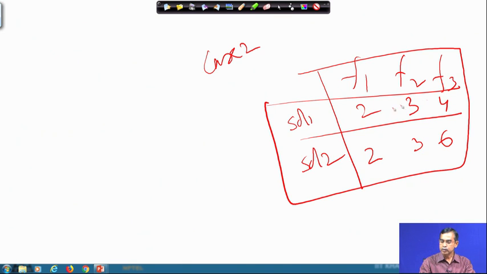Solution 1 is no worse than solution 2. With respect to f1 and f2 both solutions are the same, but at least with respect to f3 solution 1 is better. Then we can say solution 1 dominates solution 2.